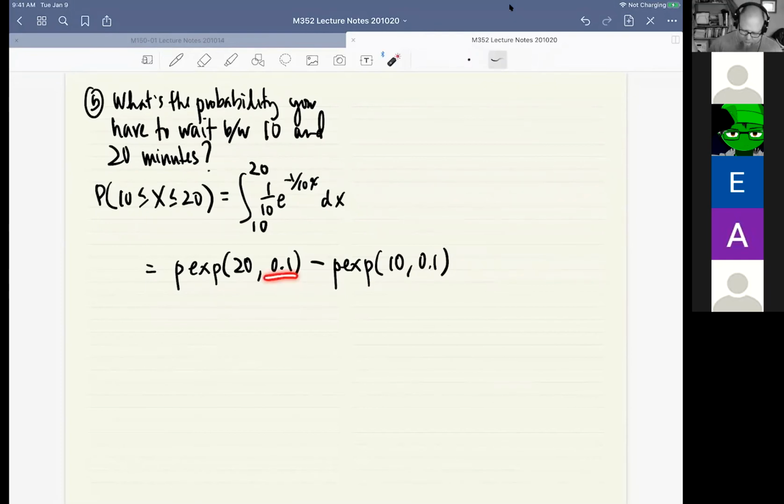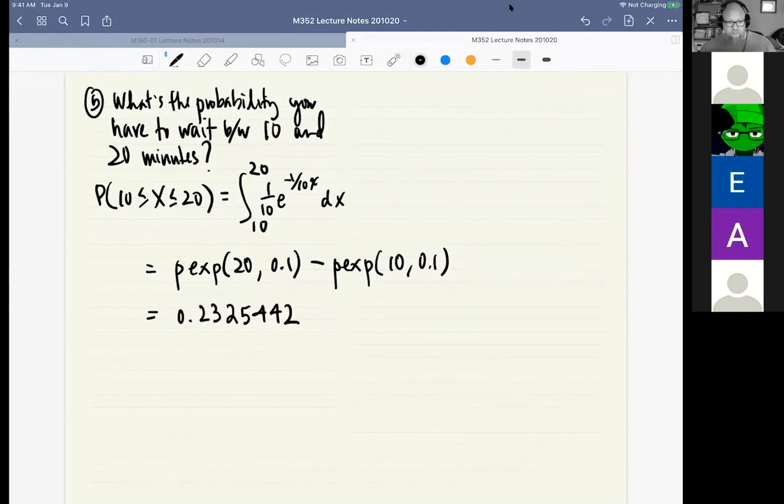Always making sure you've got the parameters the same, because you want to be using the same probability distribution. So if you do this, you get 0.2325442. So there's a 23% chance that you'll be waiting between 10 and 20 minutes.